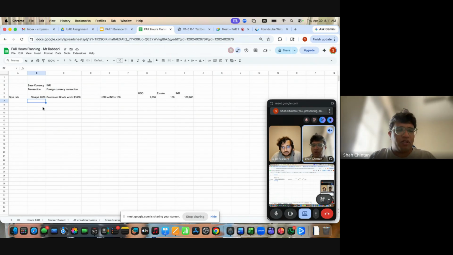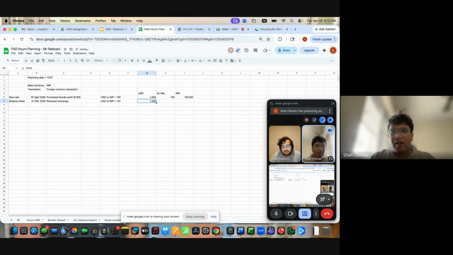Now there could be a complication. Let's say I'm closing my books on 31st of December every year. So my reporting date is 12/31 each year. Now the balance sheet date came, which is 31st December 2026. I have not settled this transaction yet. So there is a revalued amount, and let's say my USD to INR has now swung to 110.